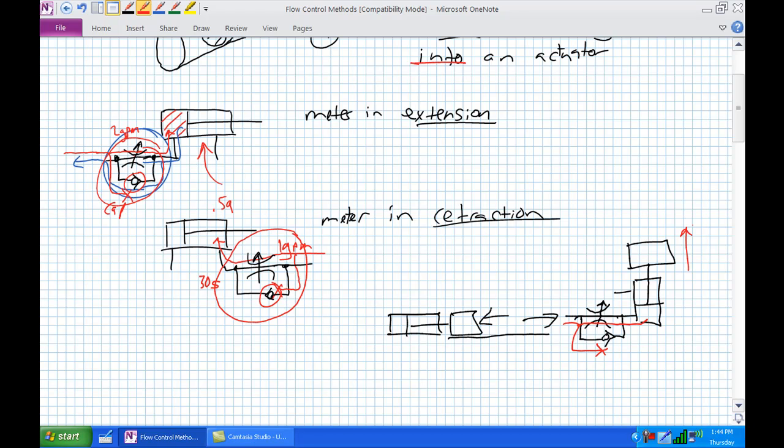What happens when I want to descend this object? Basically, this becomes hooked to the tank now, low pressure flow. It's going to push that check valve off the seat, meaning that whatever flow rate is produced by this, it can just flow through that flow control valve backwards because it's got a check valve bypass in it.